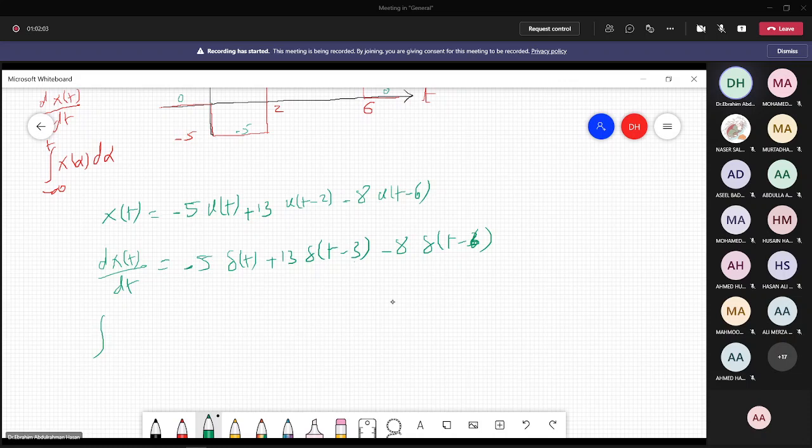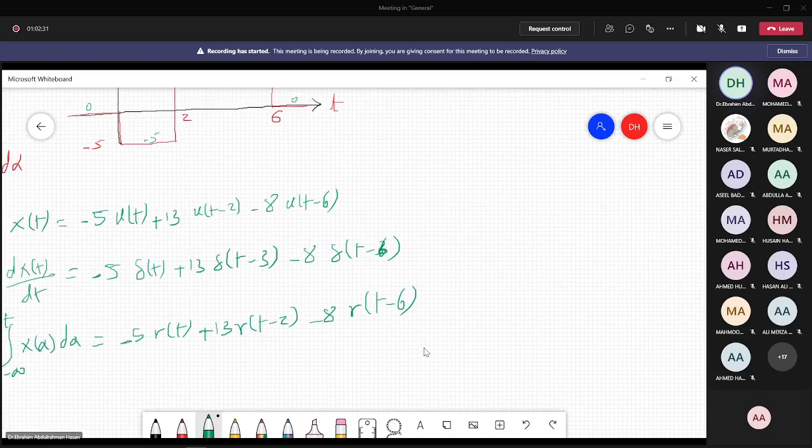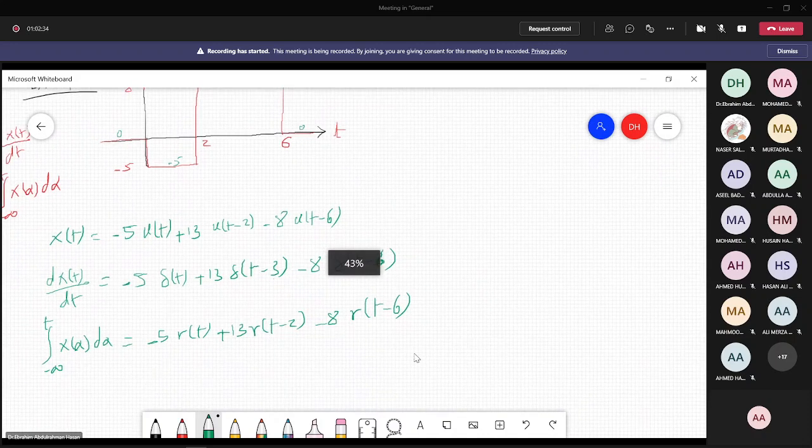Also we want to find the integration of x alpha d alpha from minus infinity to t. The integration of u is equal to a ramp. So here we have minus 5 ramp of t plus 13 ramp of t minus 2 minus 8 ramp of t minus 6. Clear?